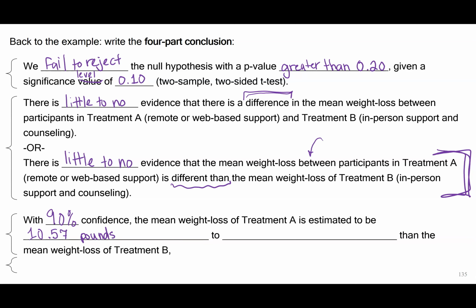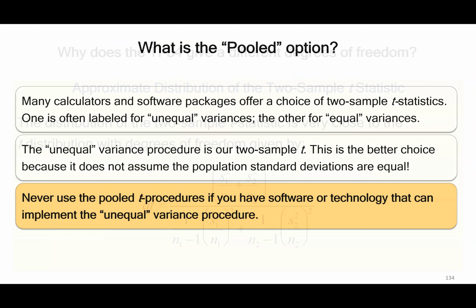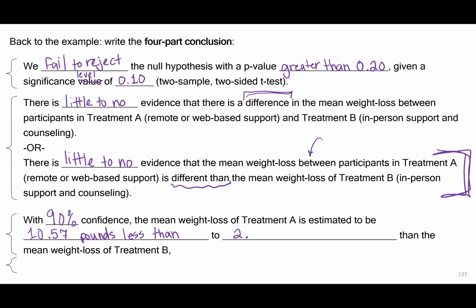This was a negative, so less than, because it was negative, to 1.97 pounds. This was positive, so greater than the mean weight loss in treatment B.